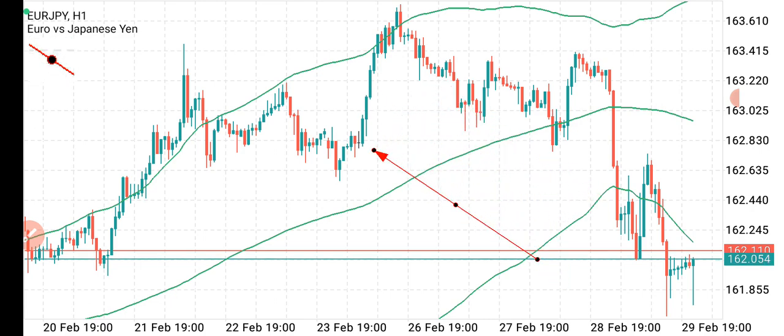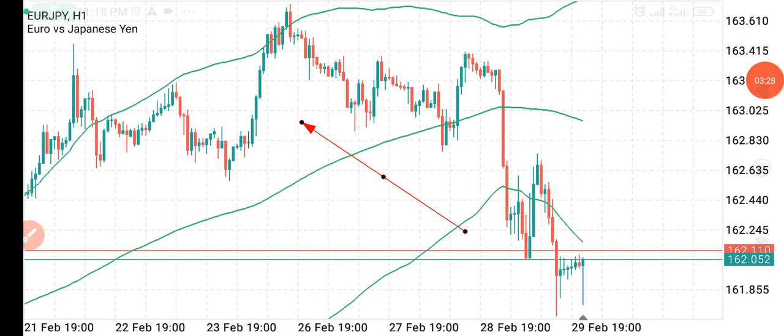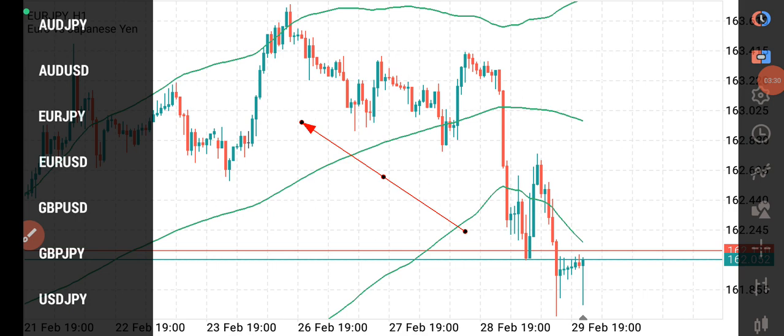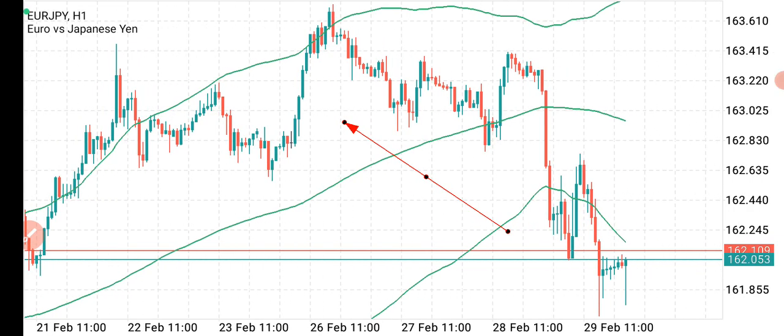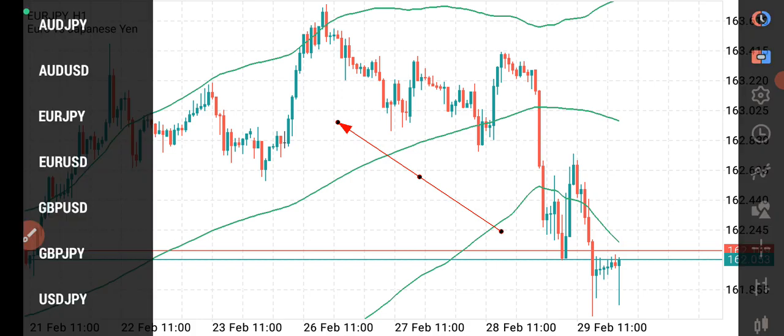We want to look at how to take our continuation trade. In order to make this easier for us, we'll be adding two more indicators to what we have previously.